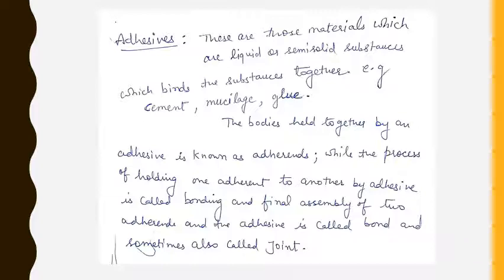The process of holding one adherent to another by the adhesive is called bonding, and the final assembly of two adherents and the adhesive is called a joint.